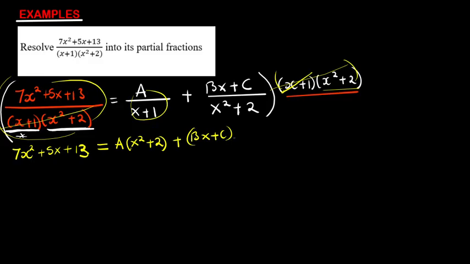Then what you remain with, this part and this part, they'll divide, and I'll remain with x plus 1. Those are the main things that I will remain with. Then after doing that, the next thing you need to take note of is this one.